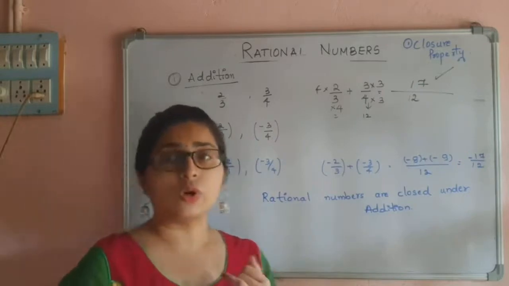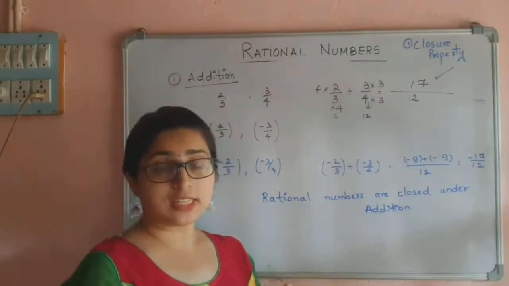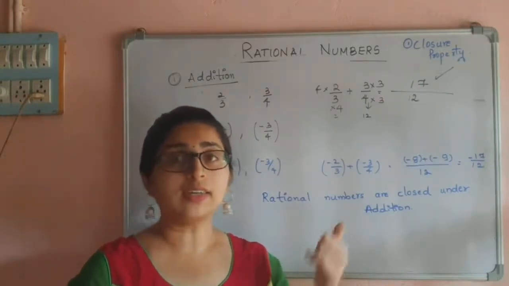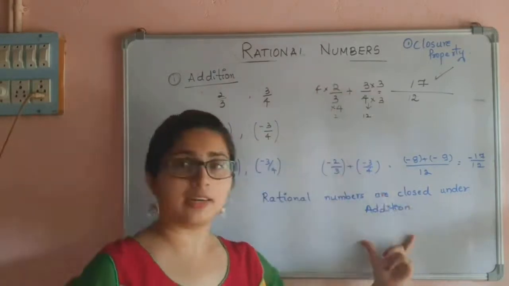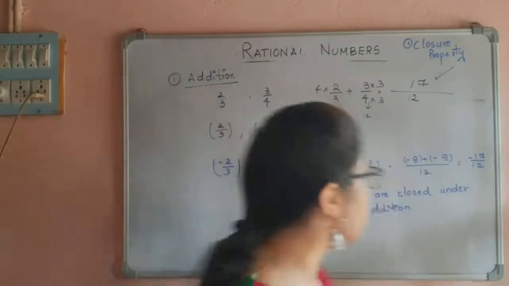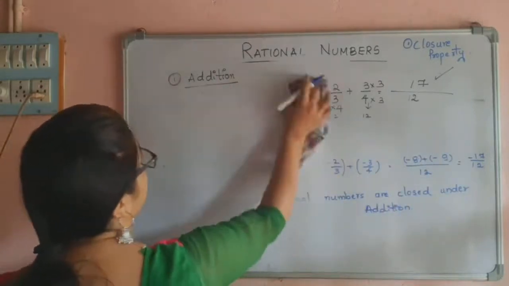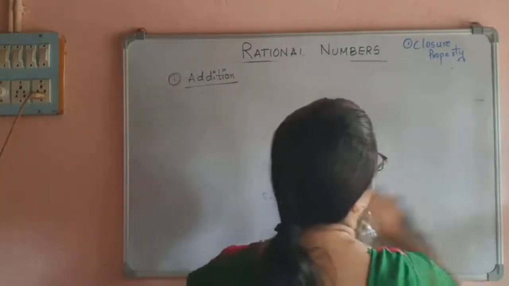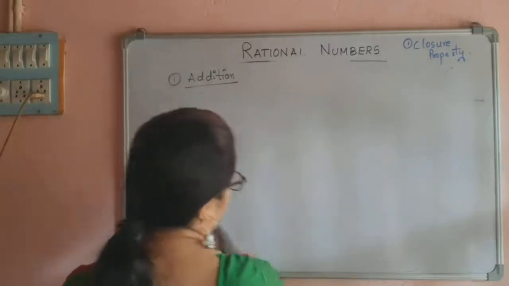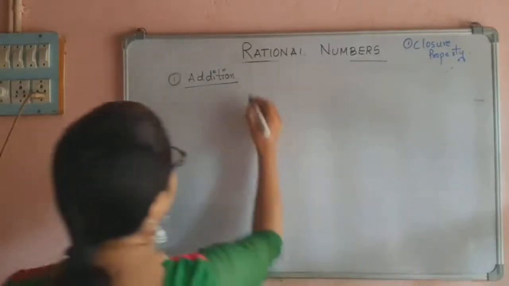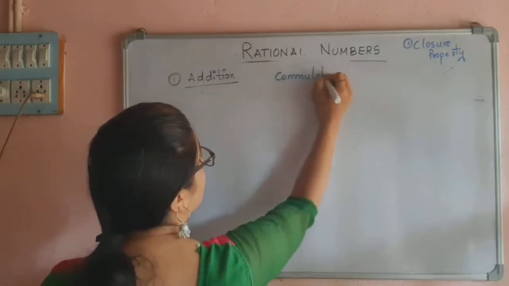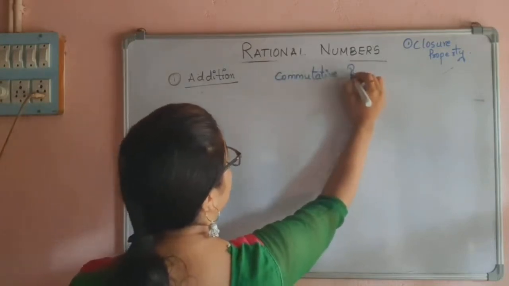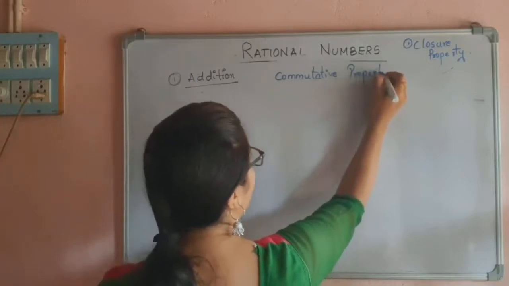You know, whole numbers, integers, these are also closed under addition, right? Similarly, rational numbers are also closed under addition. So let us take the commutative property. What do you know about commutative property?